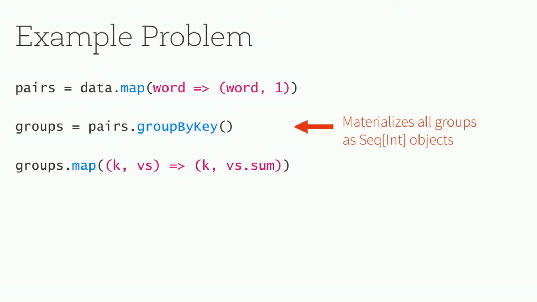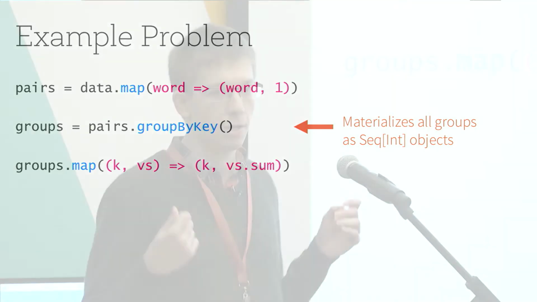But the problem is the group by key operator. If you look at that operator, its signature is defined as returning a sequence of objects, here a sequence of ints. And the Scala sequence class is a collection that's basically materialized in memory. So just because of the signature of this operator, we have to actually construct a collection in memory and return that.